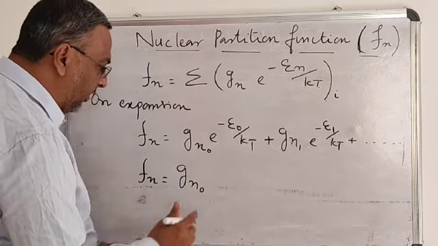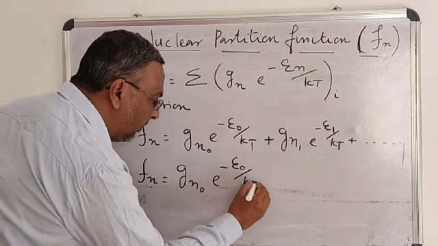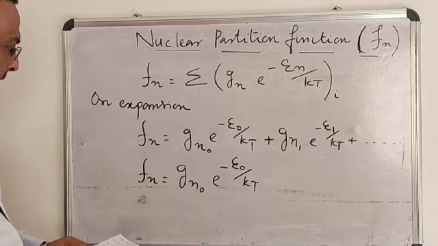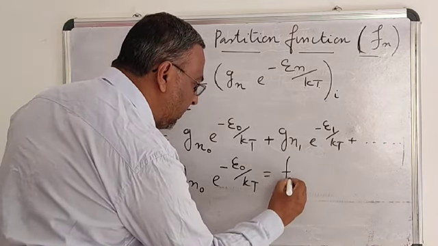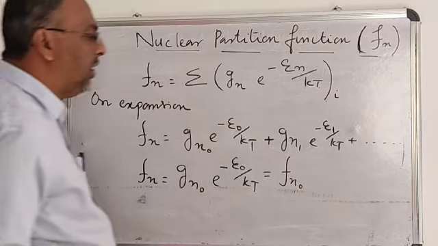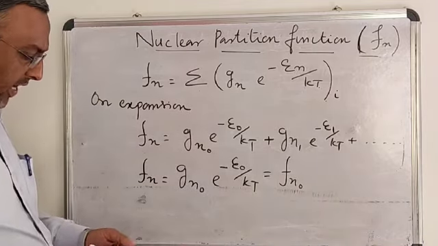Degeneracy of the ground state of the nucleon e power minus E0 divided by kT, which is nothing but the partition function of nucleons in the zeroth state or in the ground state.